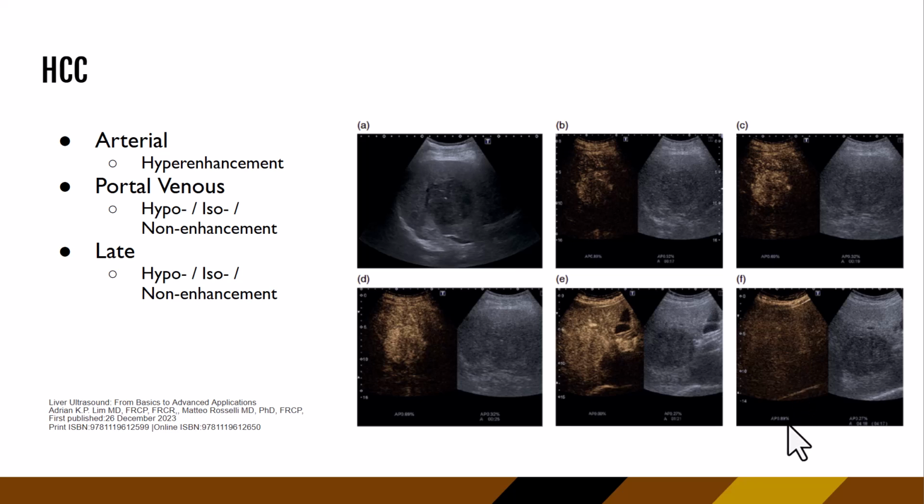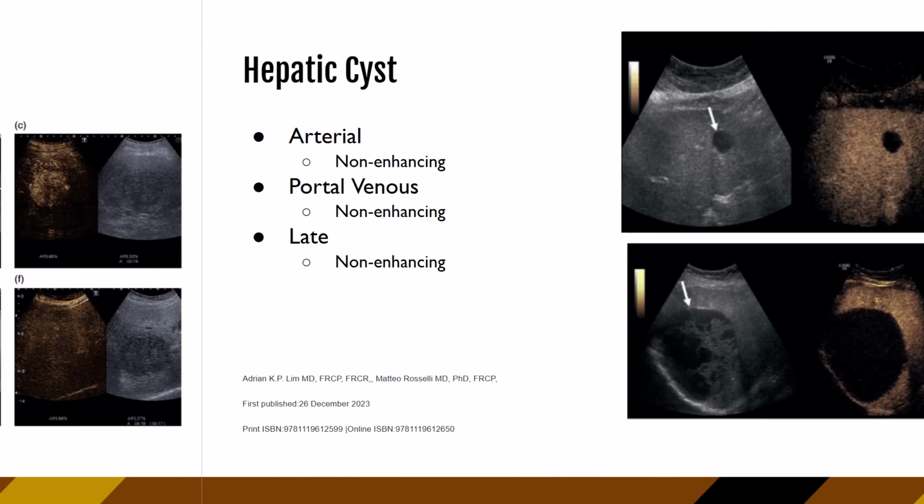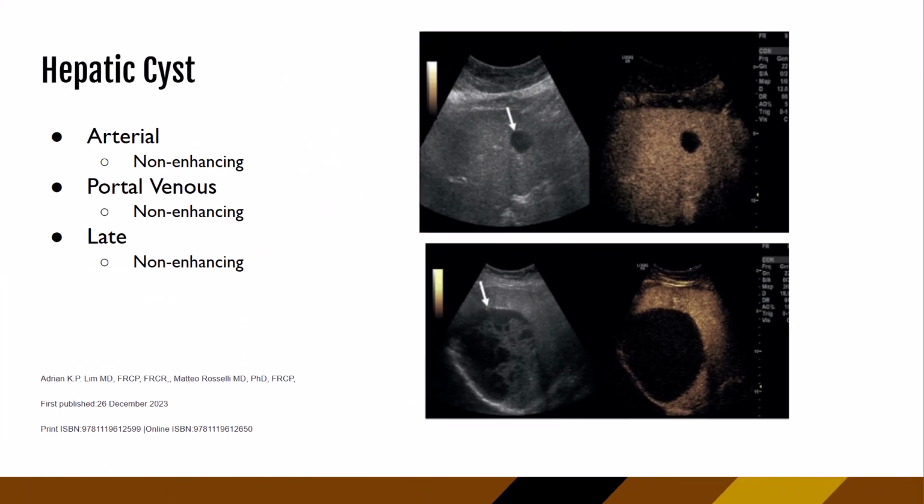This is a pretty common pattern for hepatocellular carcinoma. All right, so hepatocellular carcinoma has a pretty complex vascularity component to it, right? And that makes sense why our contrast-enhanced ultrasound also shows that complexity, because we're looking at the vascular perfusion of this lesion.